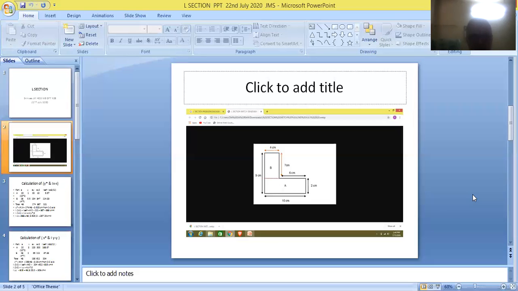The first component is denoted by capital A at the bottom of the figure, and the second component is denoted by capital B at the top of the figure. So this L section is made of two components only.